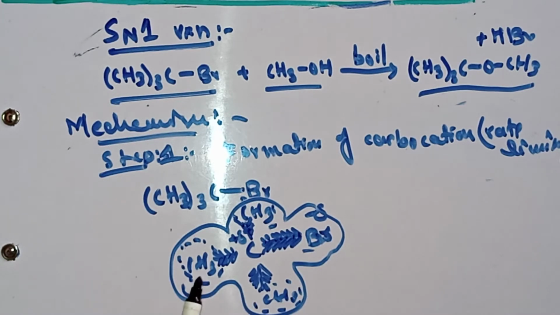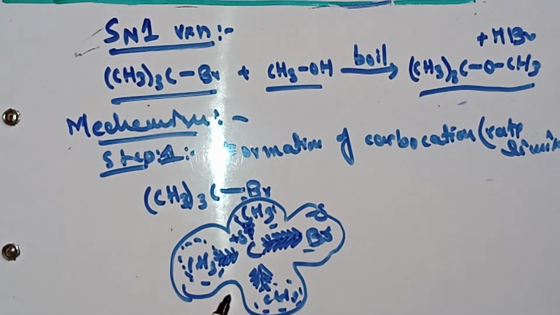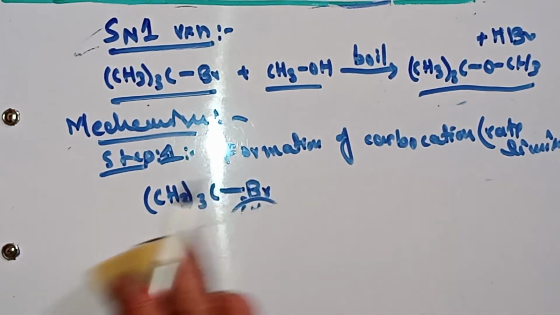When there are three methyl groups, or three electron donating groups attached, it will lose the bromide ion, or the halide ion, easily, as compared to the case when there are only two electron donating groups attached, which will not be enough to increase the electron density on the electrophilic carbon.